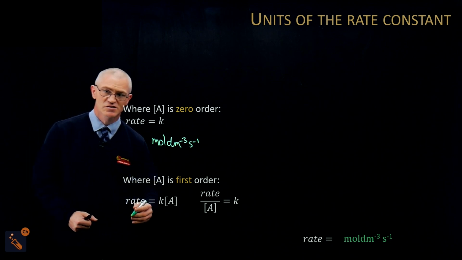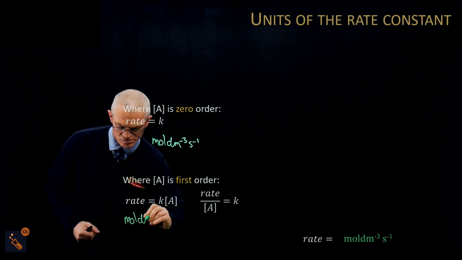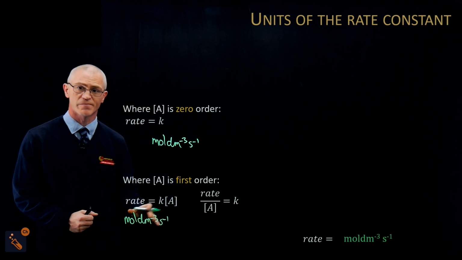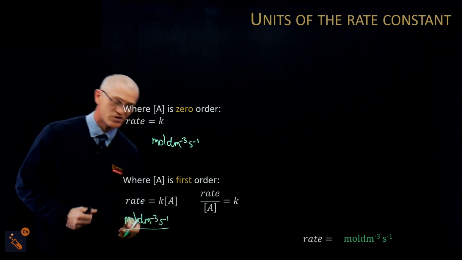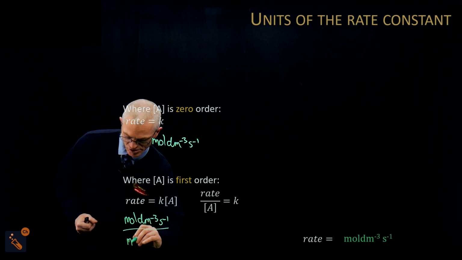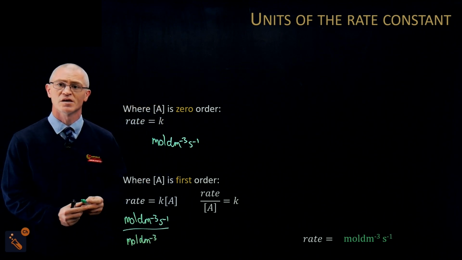So let's do that. We know that the units of rate are going to be moles dm^-3 s^-1. Then we divide that by the units of A. A is a concentration, so it's just moles per decimeter cubed.